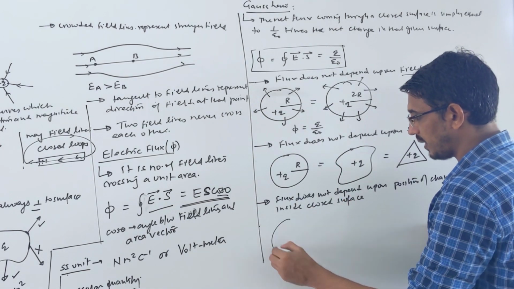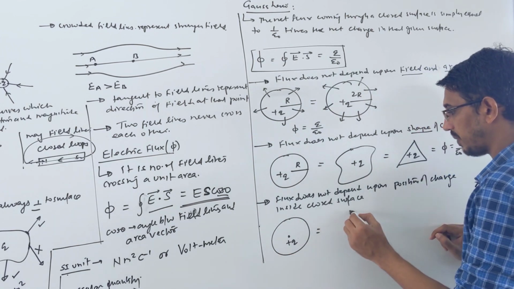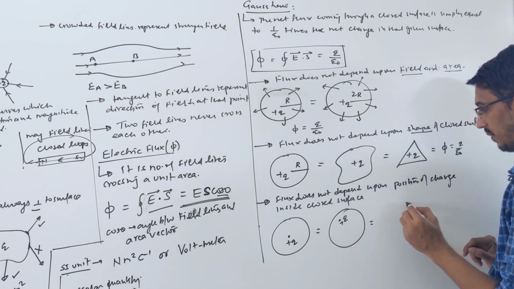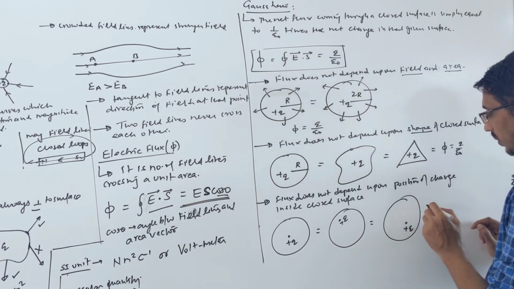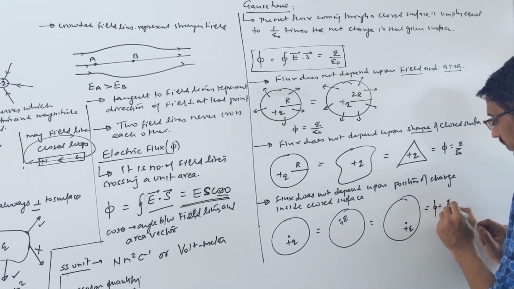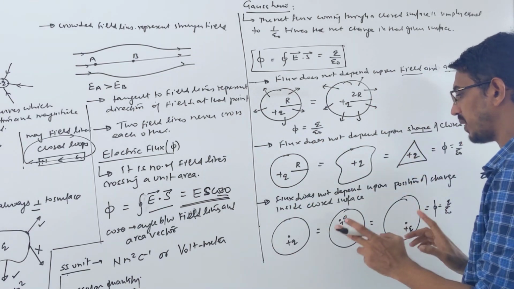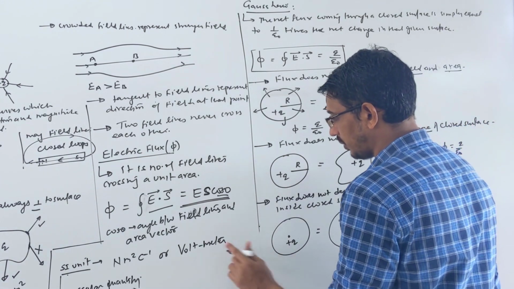This sphere, if you put the charge exactly at the center, is the same as putting the charge plus q at this point, or at any point you want, like here. In all cases your flux will be simply Q upon epsilon naught. It does not depend on size, shape, or position. Now also look here, a few more points.